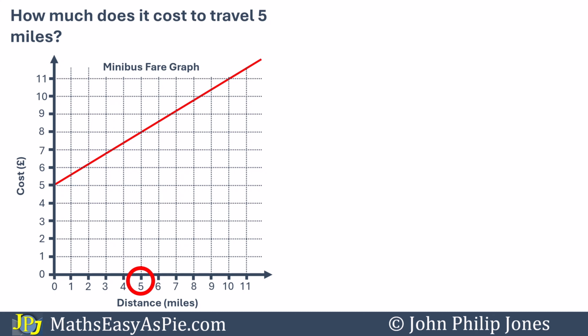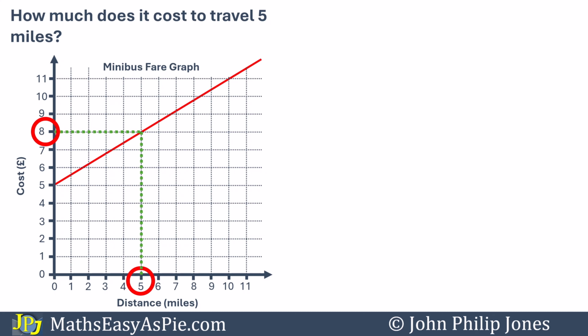It's now a case of going straight up to the plot, and you can see that being achieved by this dotted green line until it touches the plot, and then you go to your left towards the y-axis, which is marked off the cost, and you can see it goes to the 8 as shown by the circle bouncing into position.